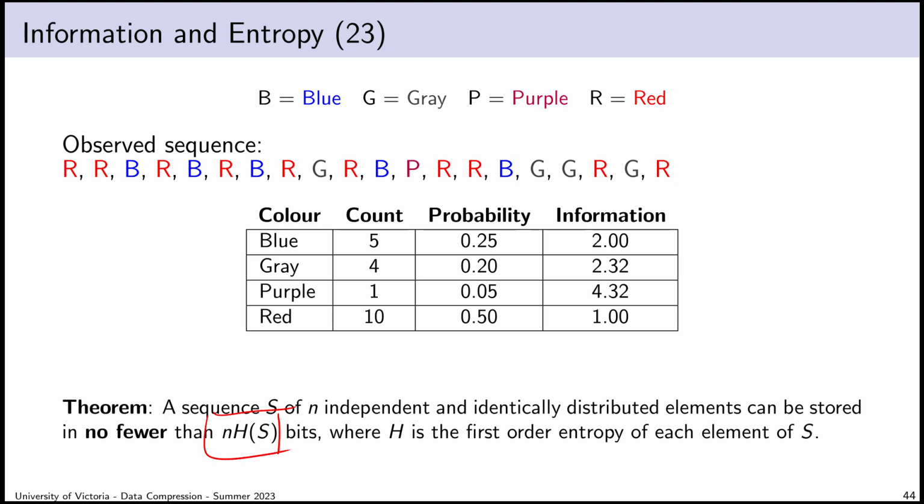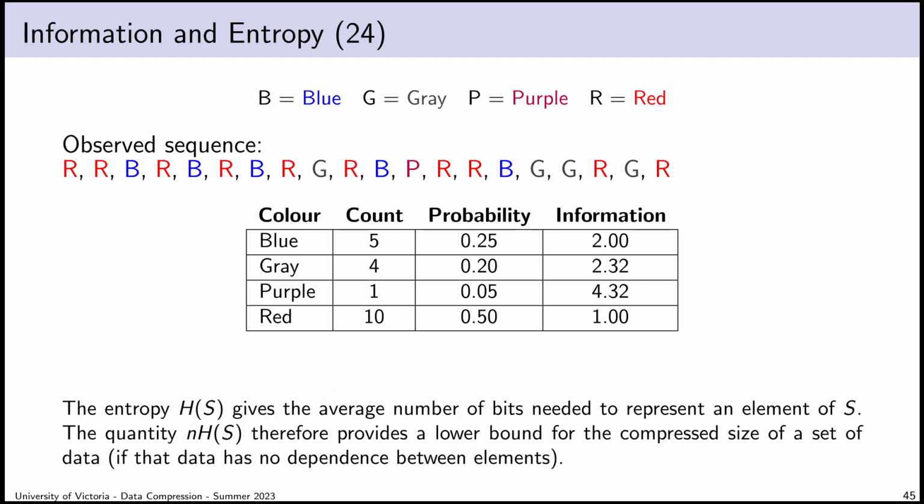So of course, when you notice that you have this, you think it's time to celebrate. But remember, unless you can be sure your events are independent, this bound doesn't necessarily hold. So there could be ways of getting a better compression result than this if you have a sequence of symbols that have dependencies. That's why you should take this theorem with a grain of salt. The theorem is useful, but outside of contexts where we can be absolutely sure of independence, it doesn't necessarily always apply.